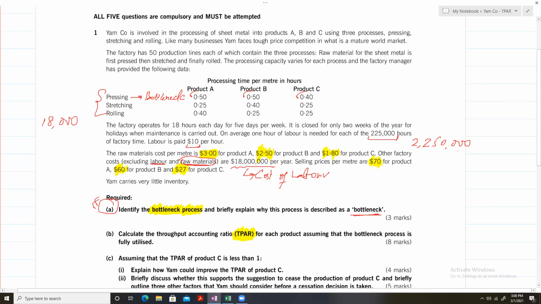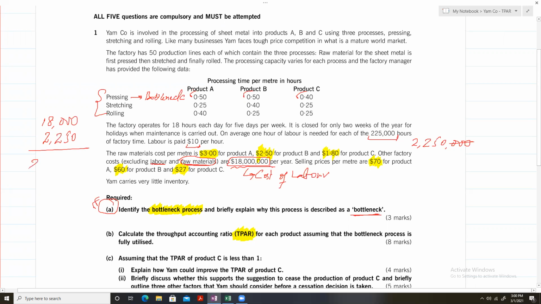If you round this figure to thousands, it will become 2,250. Just add this 2,250 to the 18 million other factory cost.